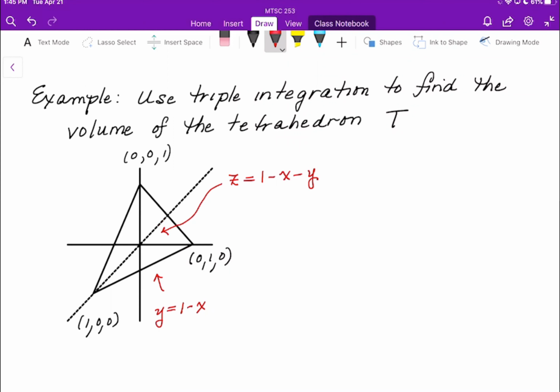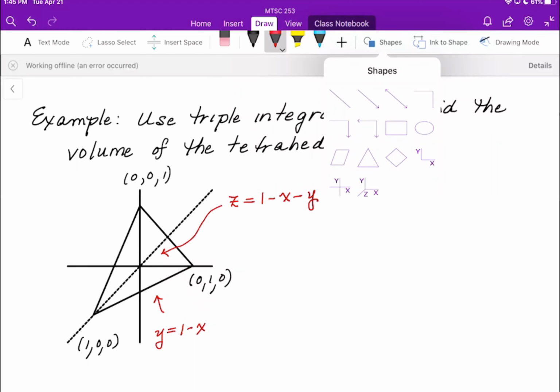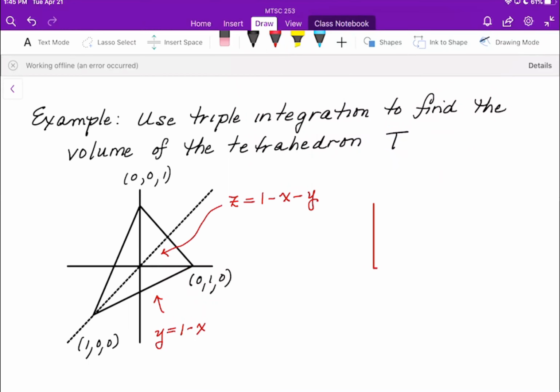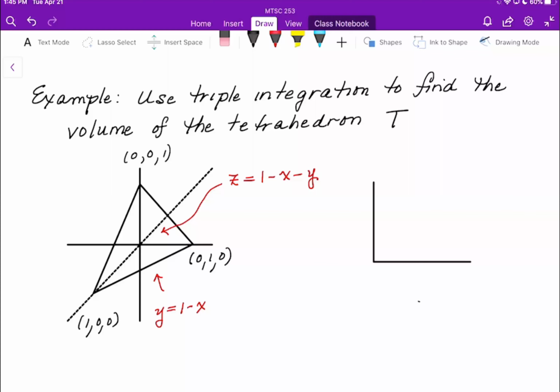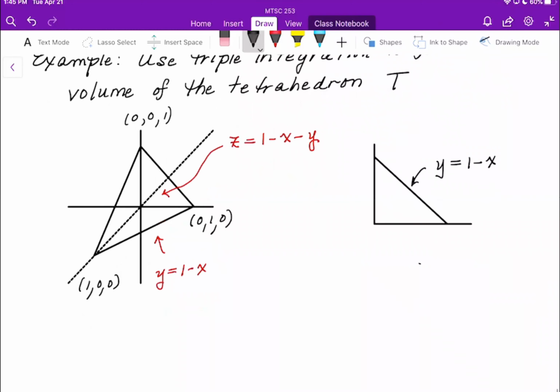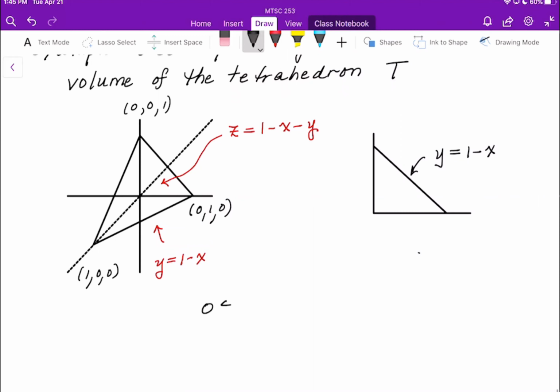So over in the xy plane, y is 1 minus x. So we can now say that z goes between 0 and 1 minus x minus y.